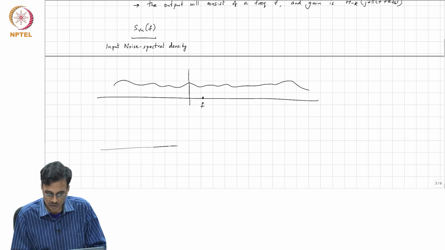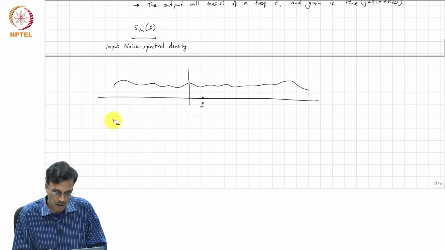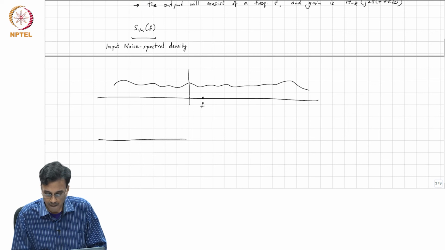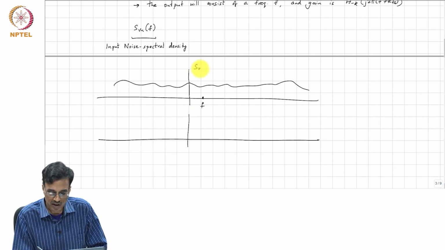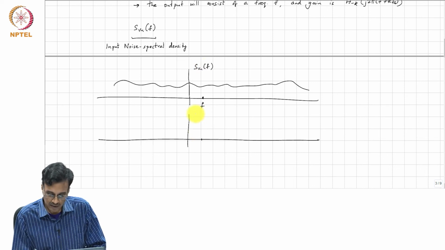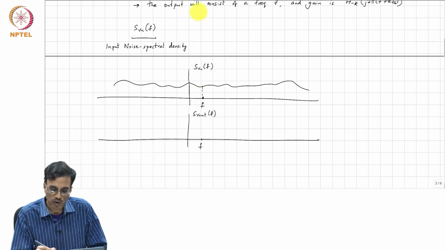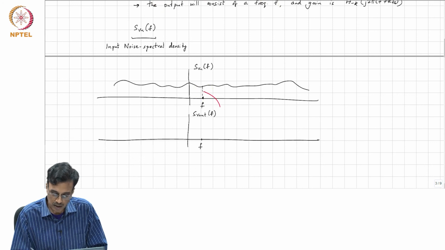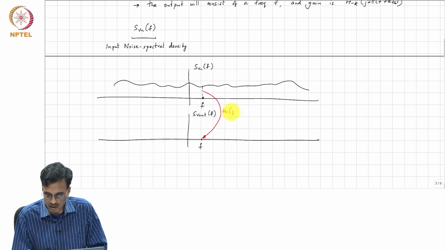So this is S V in of f, all right, and this is S V out of f, correct. So this is f. So what is the transfer function from there to there? H0 of j 2 pi f, right.